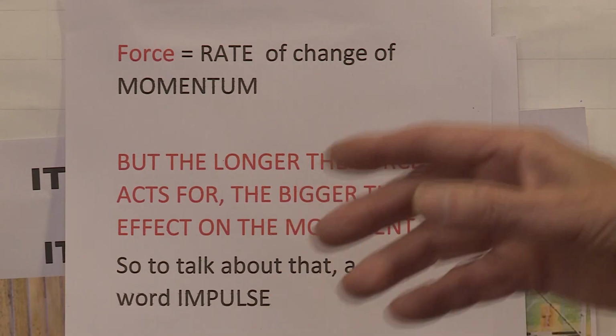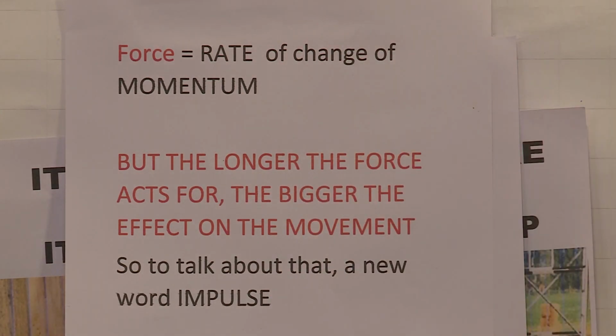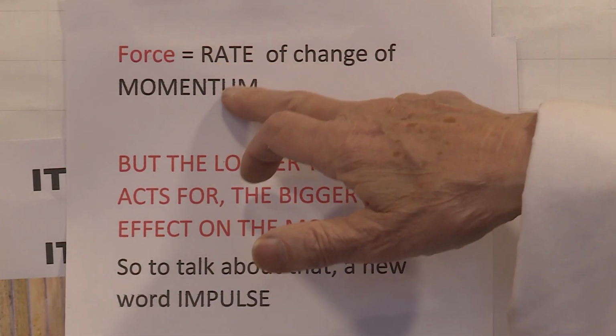Newton's first law. If it's moving, it wants to keep on moving, and you need a force to make it change. Momentum is mass multiplied by velocity. The bigger the mass, the more difficult it is to get it moving or stop it. The bigger the velocity, the more difficult it is to stop it.